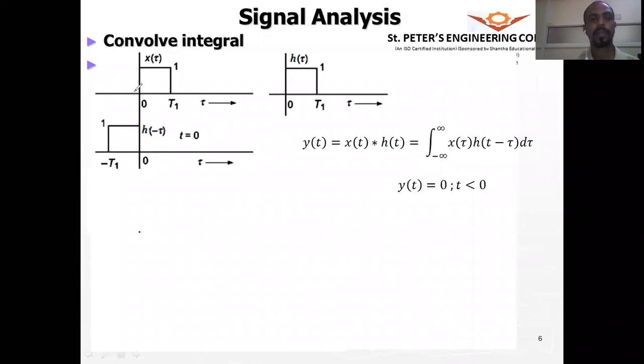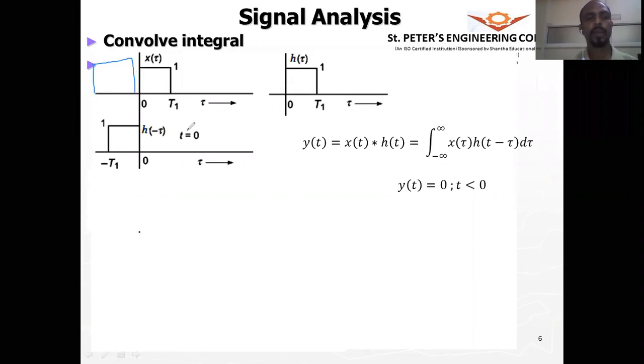Okay. So if I draw it on this, this is the h of t minus tau signal. So we see that there is no overlap in this region.